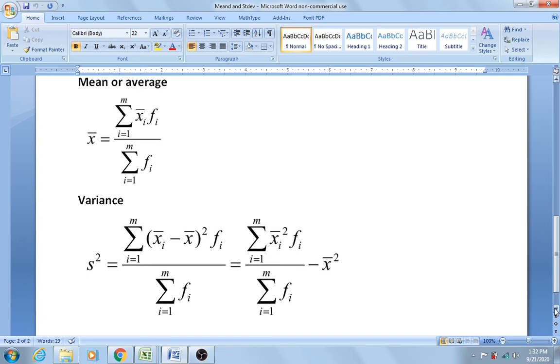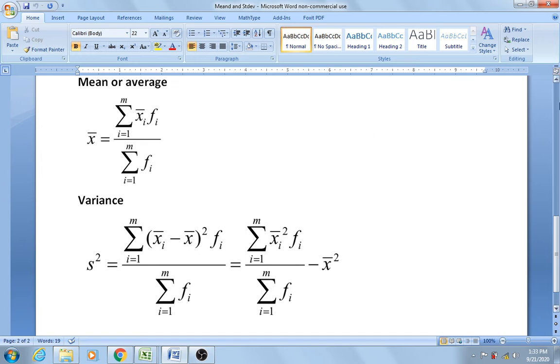And here we have x bar. This x bar is the average of the data that we calculate using this formula. And x bar sub i is the middle point of the interval that we have in the histogram. And f sub i is the frequency, and the denominator is the same as the denominator that we have when we calculate the mean or the average.